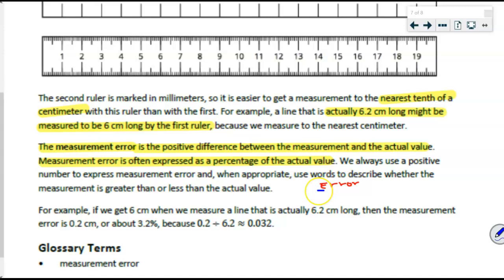And then we compare that error to the actual amount. That is what gives us our measurement error as a percent. Notice that it says we always use a positive number to express the error. Oops, that should be highlighting, not crossing out. We always use a positive number to express that measurement error. And when appropriate, use words to describe whether the measurement is greater or less than.